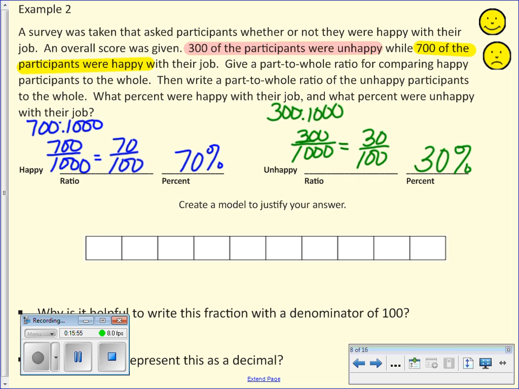We always start at 0. Our double number line. So across the top, if we're going to put number of people across the top, what's our total number of people that were surveyed? Total number of people that we surveyed? 1,000.